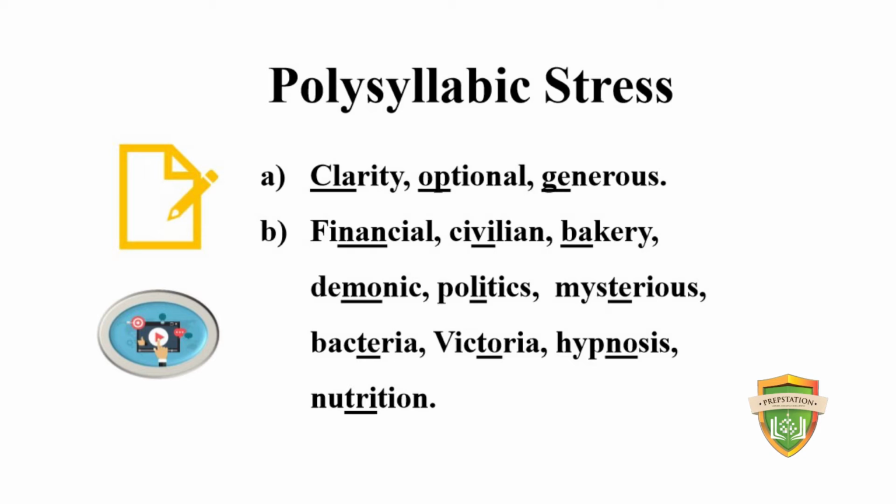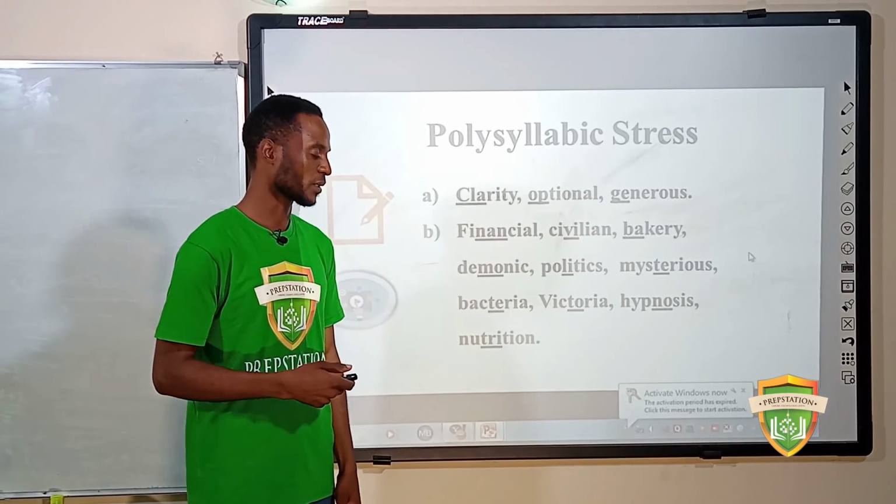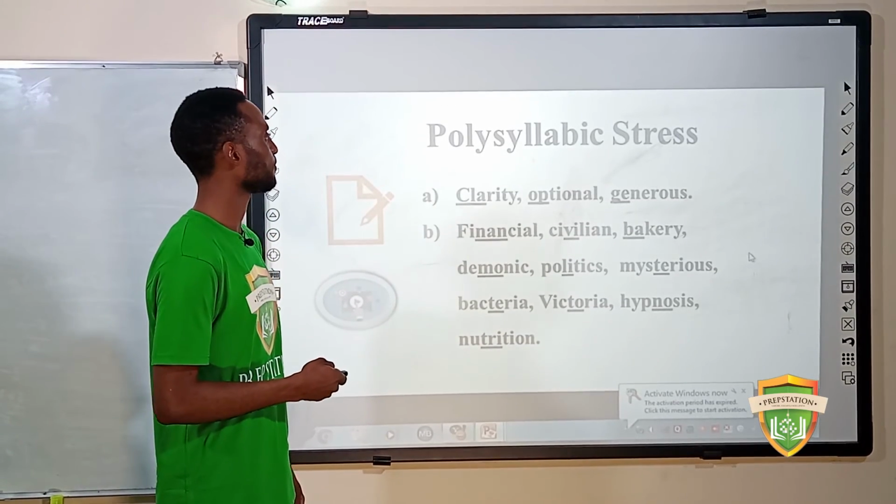The primary stress falls on the second syllable as well. That's why you have demonic, politics, mysterious. And then the same thing with bacteria, Victoria, hypnosis, nutrition. So mark the endings, and it is going to help you in your exams.